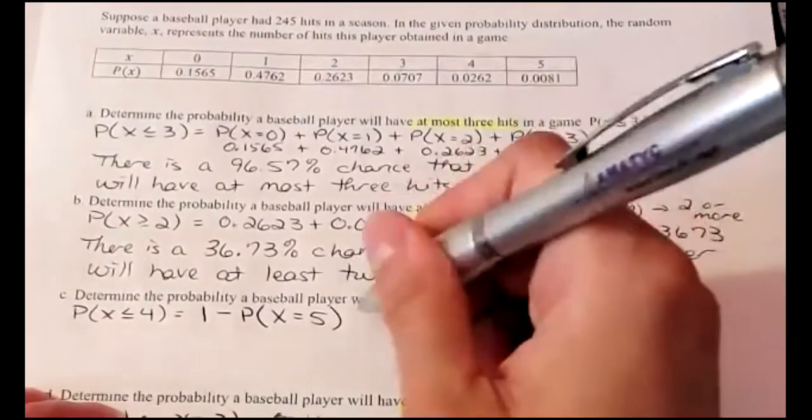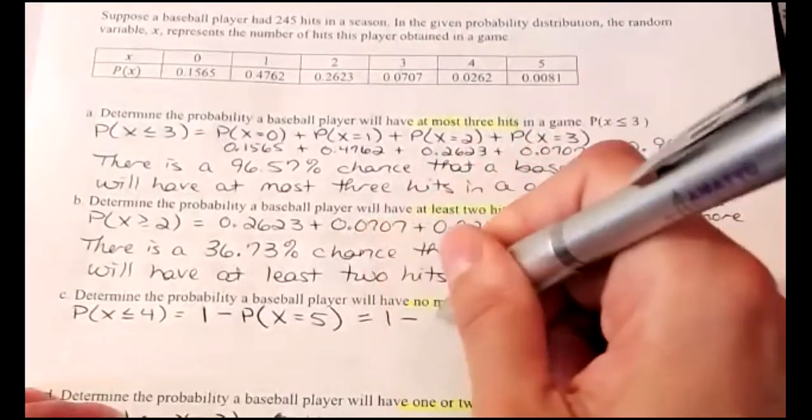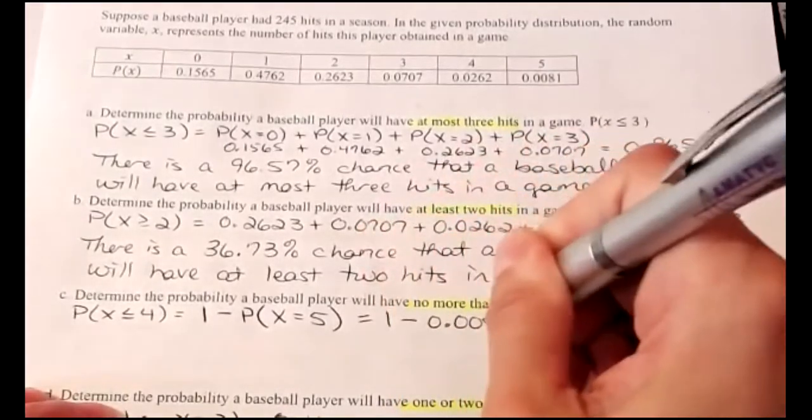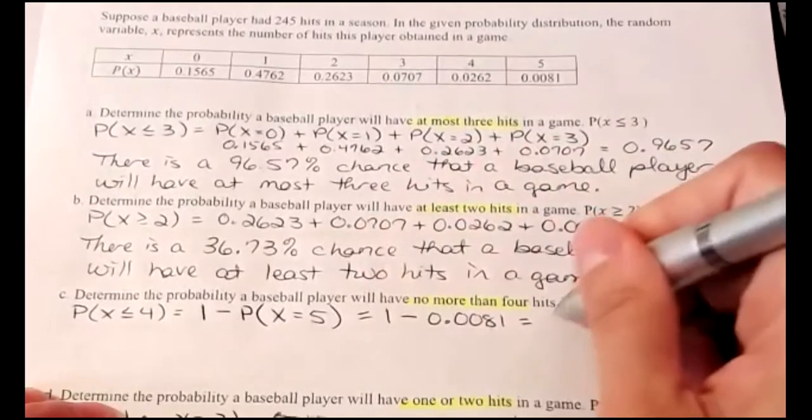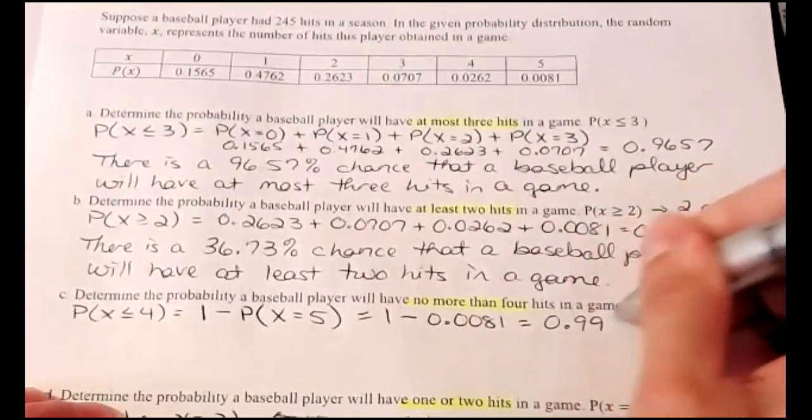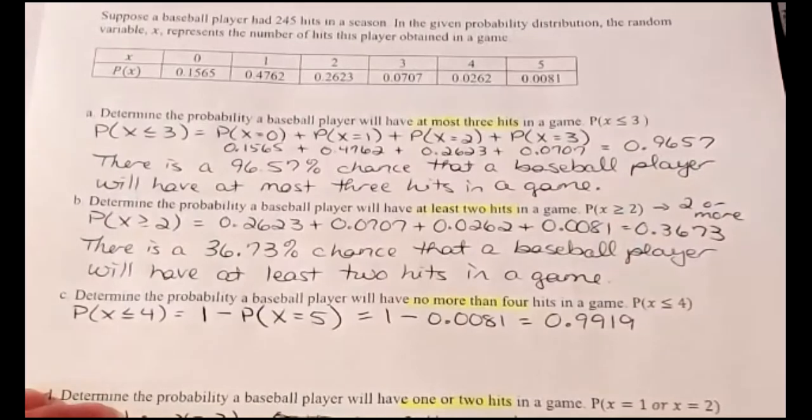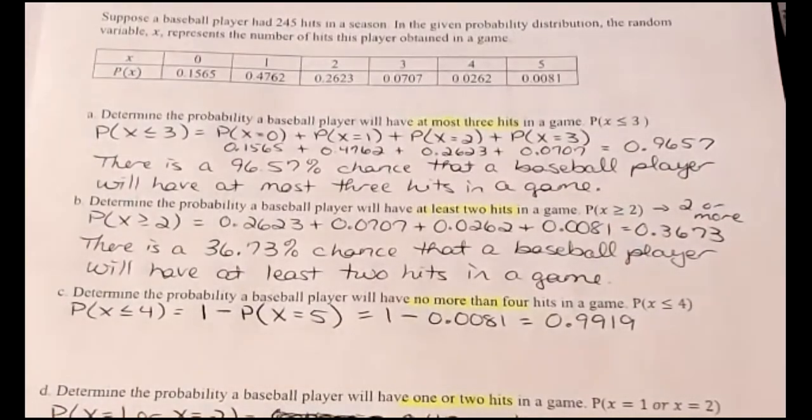So we have 1 minus 0.0081, and we get 0.9919. Even if you added 0 hits, 1 hit, 2 hits, 3 hits, 4 hits, you got 0.9919. Sam and I just did it in a fraction of the time.